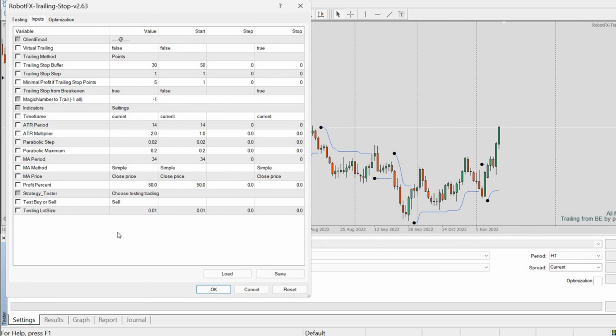And again, I'm sorry, I'm repeating myself: this expert advisor is not trading by itself. It's only trailing trades opened manually or by other expert advisors. This applies only to the strategy tester. And we have the option to also choose the lot size that we want the expert advisor to open its trades with in the tester. And this is pretty much everything about the settings.